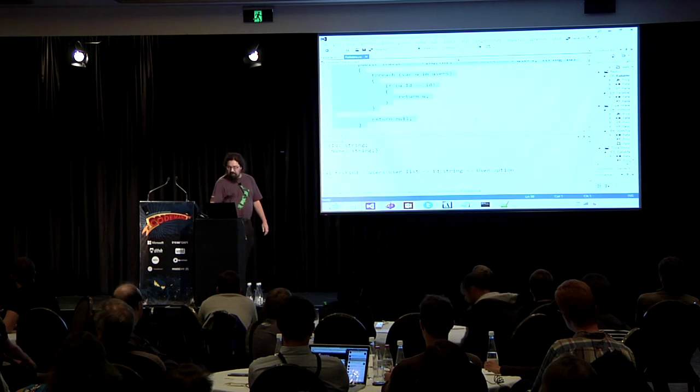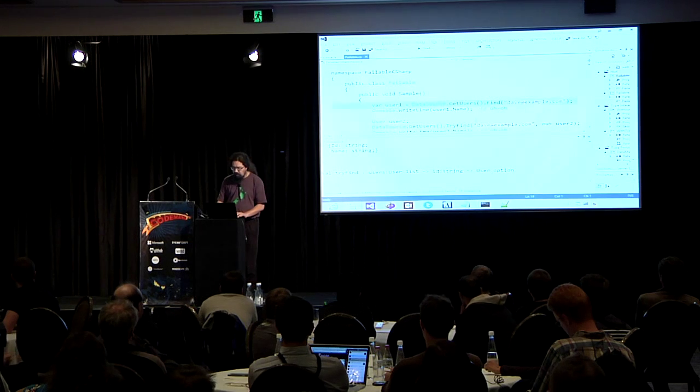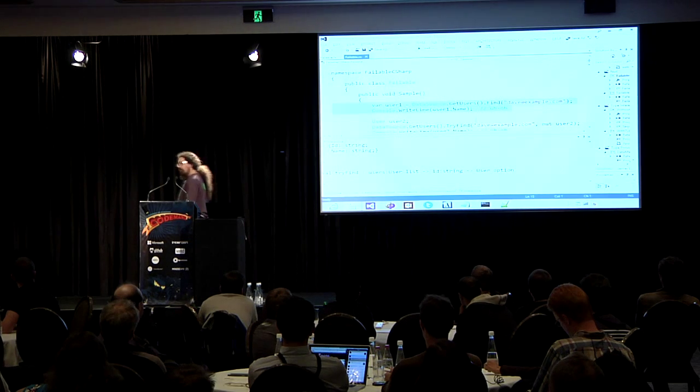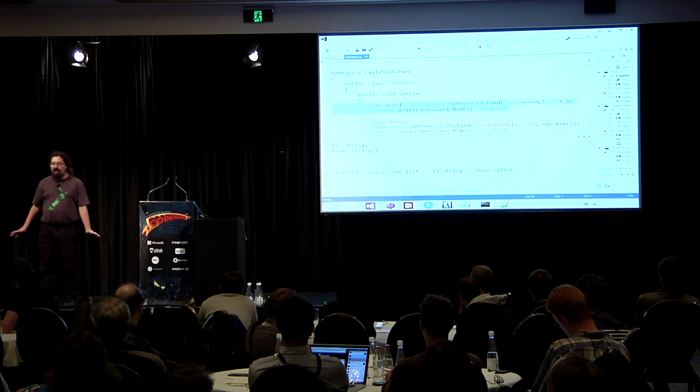Life is good. Everyone's familiar with that pattern. We've all seen it a lot of times. And as long as that returns a user, I can do things with that user, and life is good. Everybody is happy. Problem comes when that function fails and returns null.